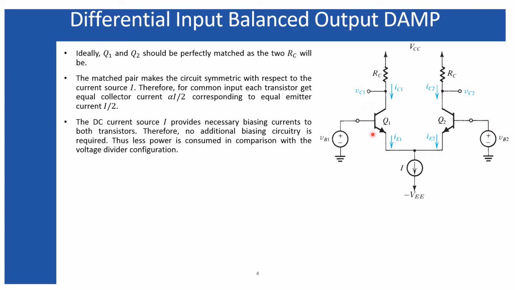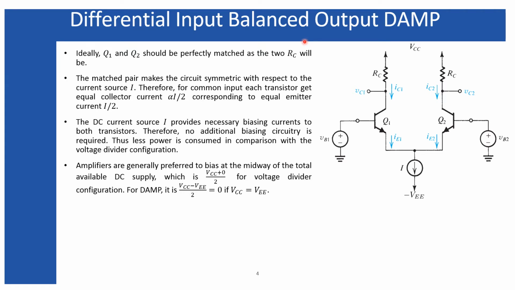So in this way, you can easily bias this differential amplifier, and we do not need any complex resistive network which dissipates the additional power. Differential amplifiers have several advantages over the voltage divider or any other dissipative type amplifiers.